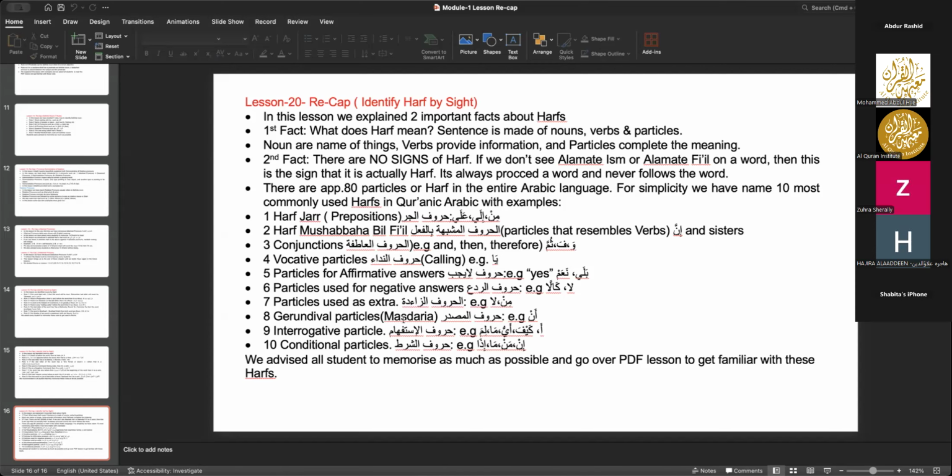Masdariya particles, like an. Interrogative particles, like a, kayfa, ayna, ma, lam, etc. Conditional particles, harf shartiya, like in, man, ma, idha.